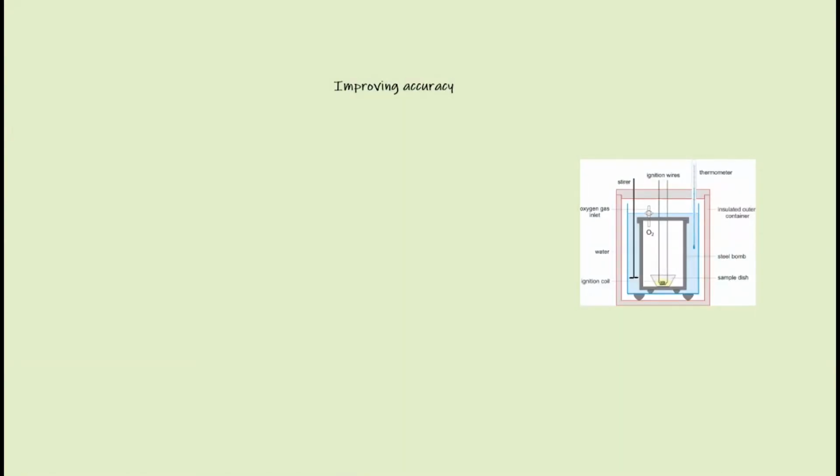So how can we improve the accuracy of our calorimeters? If we look at copper cup calorimeters first, the first thing we can do is add draft excluders. Draft excluders basically just shield that flame, stopping or reducing flame disturbance.